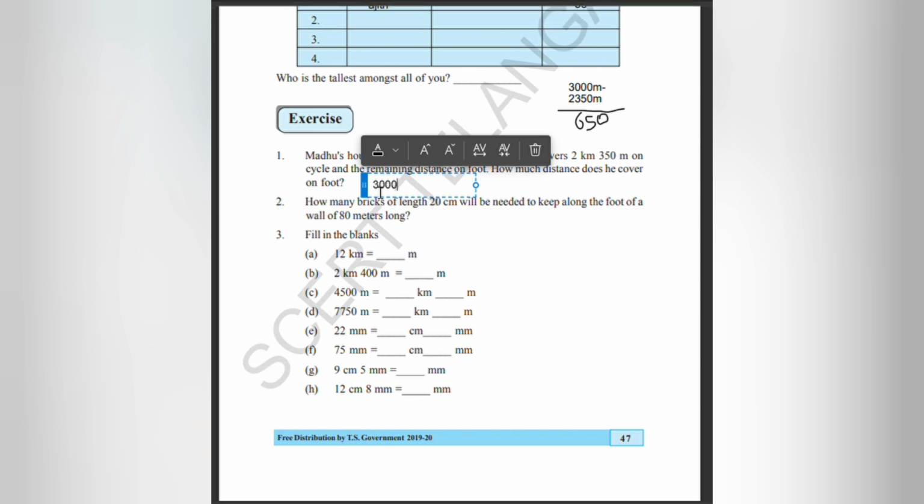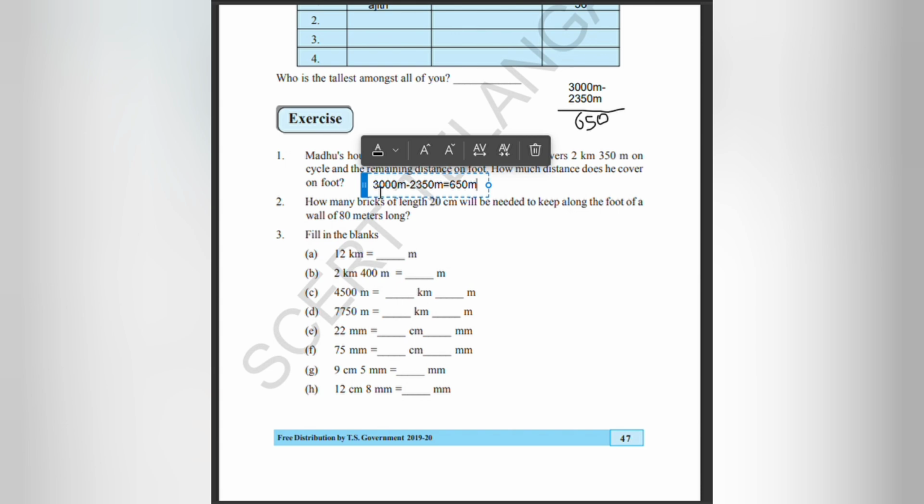So we can write here 3000 meter minus 2350 meter is equal to 650 meter. Okay.